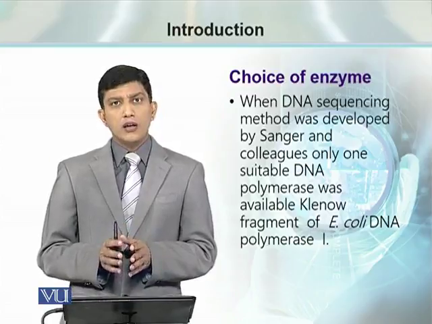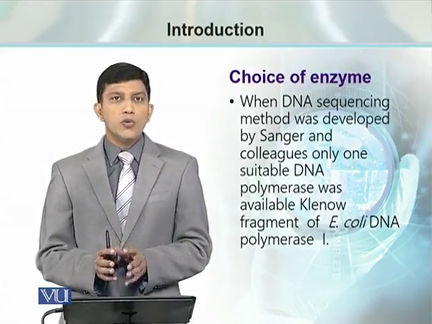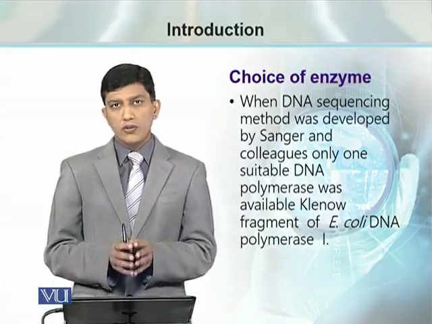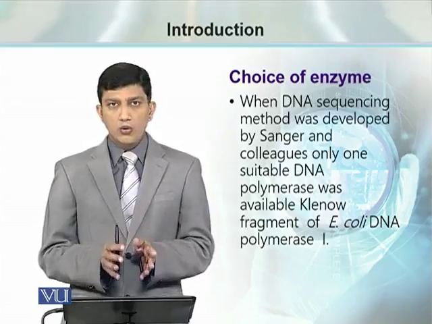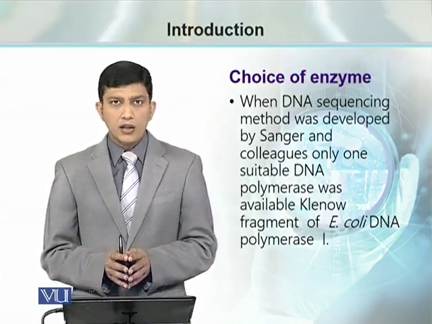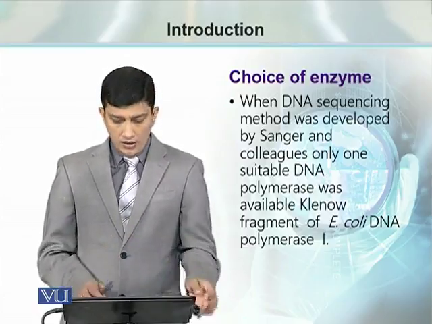Now if we look at the structure of the polymerase and we remove one of the components which is responsible for exonuclease activity, and only the component left behind having the polymerization ability, that is known as Klinov fragment.